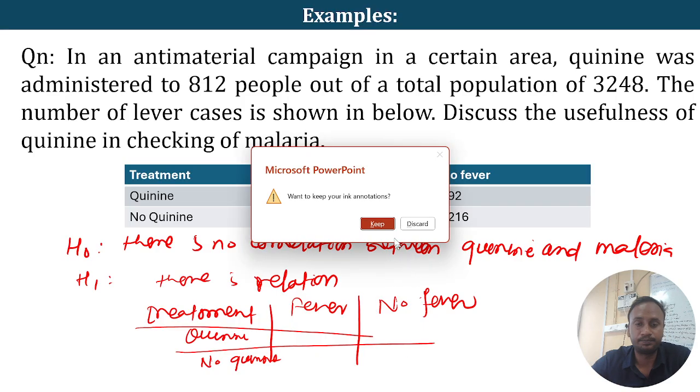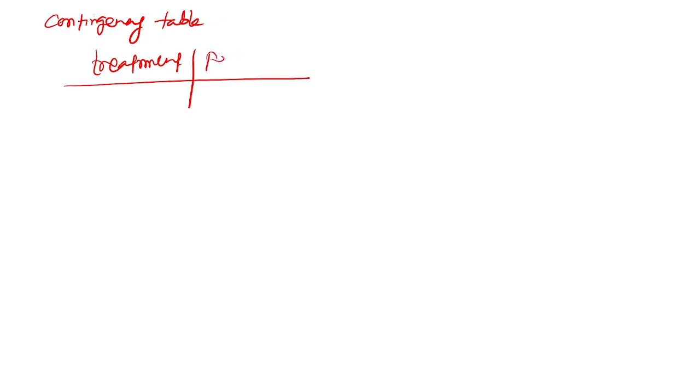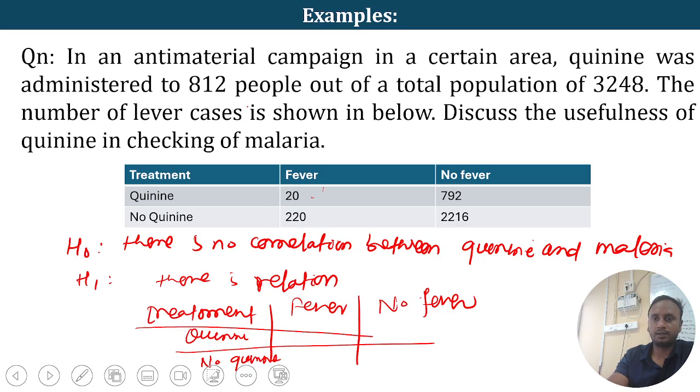I'll take one page. We have 20, 220, 792, 2216.